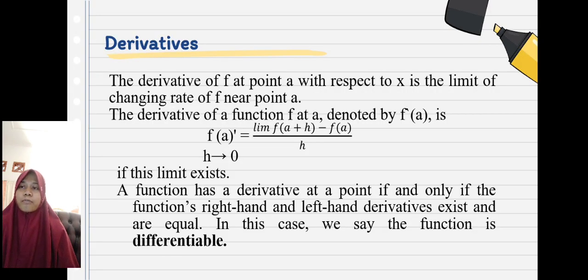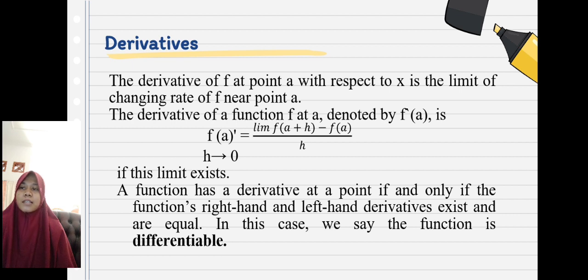The derivative of f at point A with respect to x is the limit of the change rate of f near point A. The derivative of a function f at A, denoted by f'(A), is f'(A) equals the limit of (f(A + h) - f(A))/h as h approaches 0, if this limit exists.